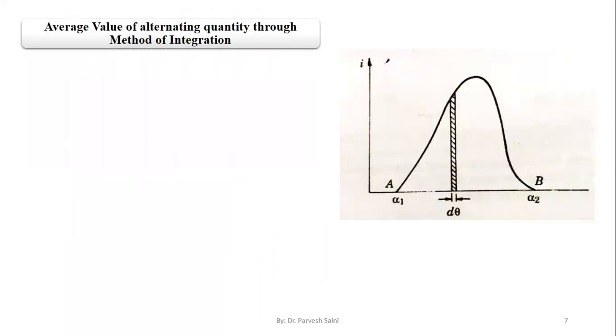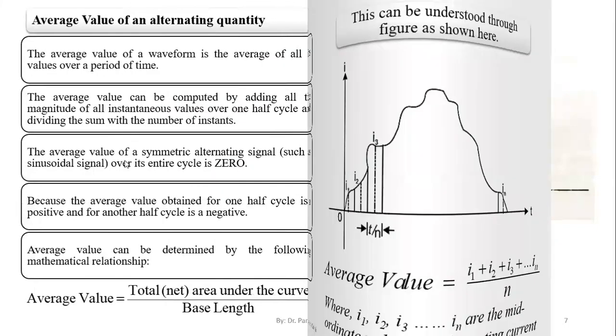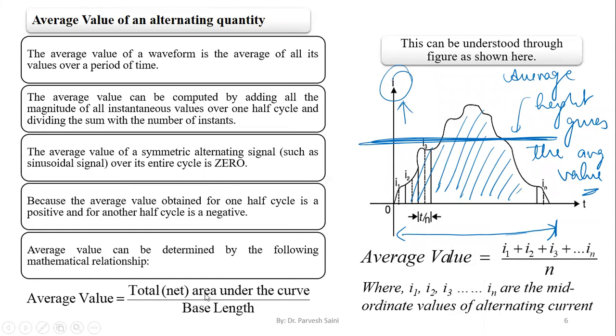Let us use this formula, average value equals total area under the curve divided by base length, to find the average value of an alternating quantity. We use the method of integration for this. The method of integration gives the sum of all the instantaneous values. For example, let us say this is an alternating quantity that exists from alpha 1 to alpha 2.